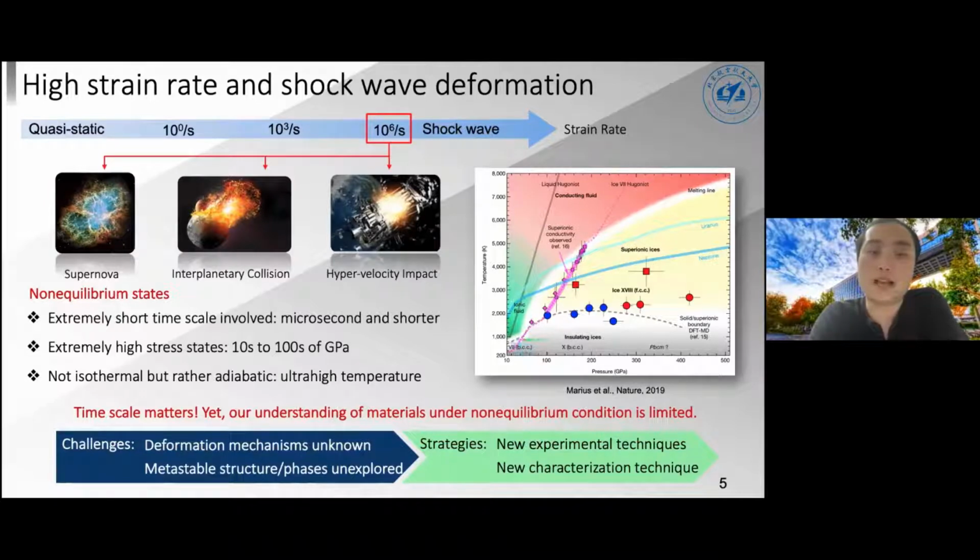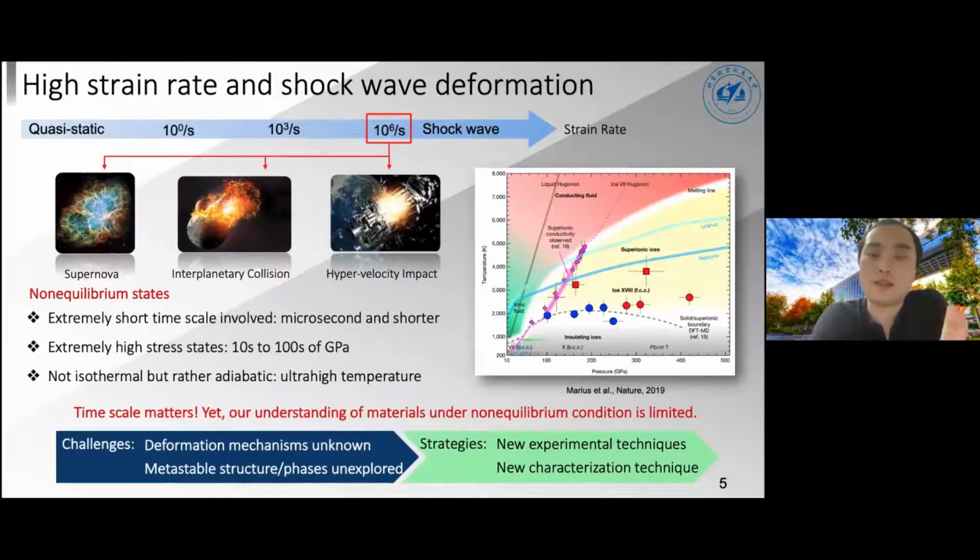So this is the first time that we actually synthesized this very peculiar phase of ice. So indeed, time scale matters, right? And again, our understanding of materials in these conditions is still very limited. For example, we materials scientists don't understand the deformation mechanism in these extremes. And there are just so many metastable structures and phases waiting to be explored.